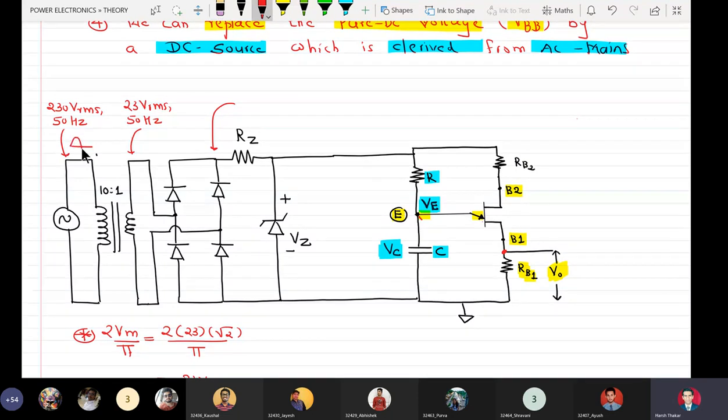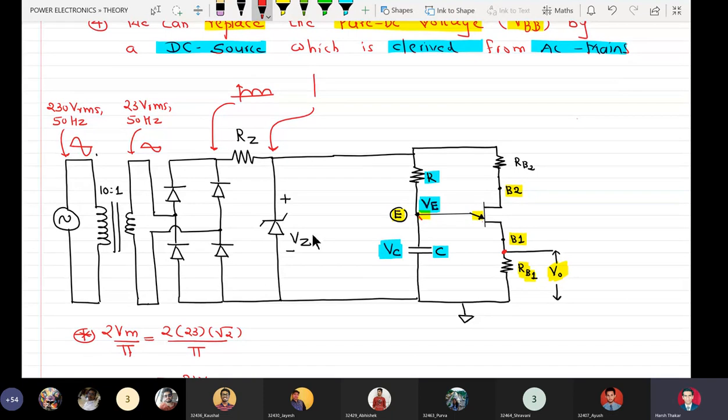So here it is like this, here it is smaller. What will be the waveform here? It will be a clipped waveform.